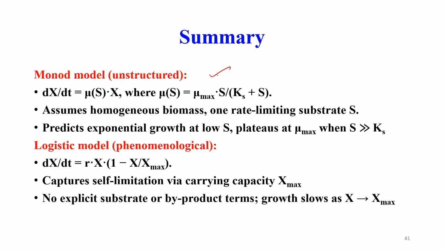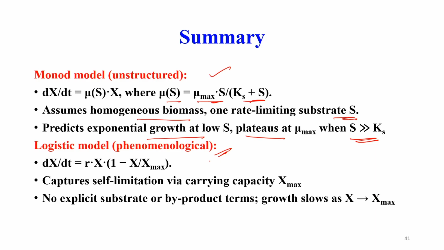Now, we can compare all three models. In the unstructured Monod model, the equation we already know: mu is mu max S upon Ks plus S. It assumes cells as a black box, but it considers the rate limiting substrate, and its profile predicts the exponential phase followed by a plateau phase as substrate concentration increases further.